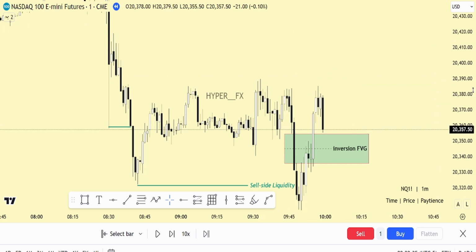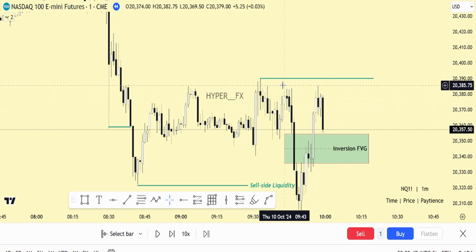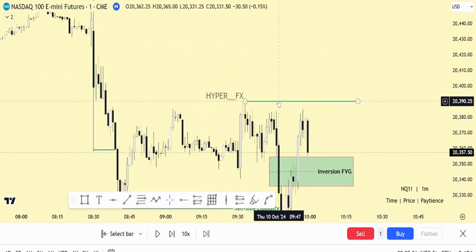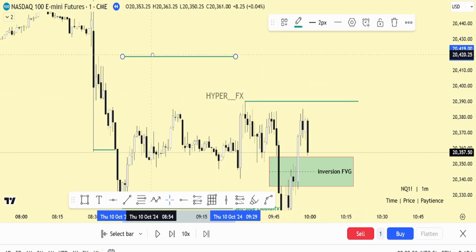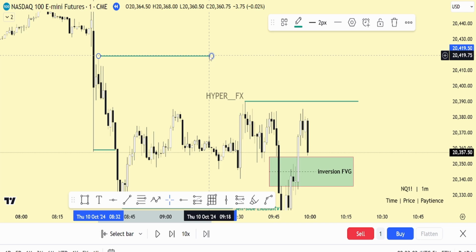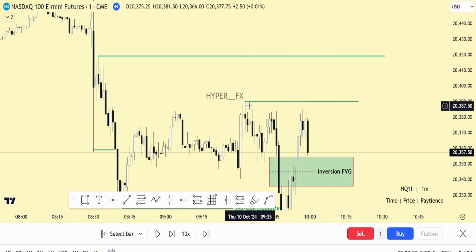Okay, so where else do we have a relative equal high? We have a relative equal high here. Why? Because this high is lower than this high, so we can call it a relative equal high. We also have a relative equal high here, right? Because this high is still high relative to this one.